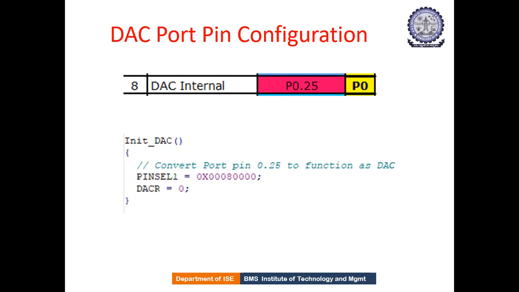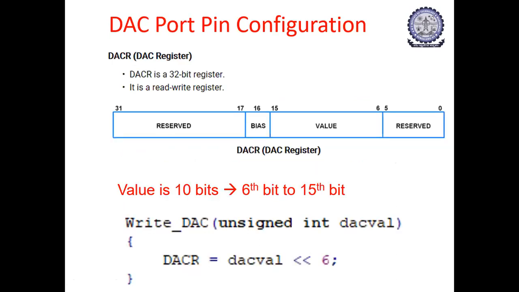Once the initialization of DAC is done, since DAC stands for digital to analog conversion, whatever digital value you are supposed to convert should be present in the DAC control register.